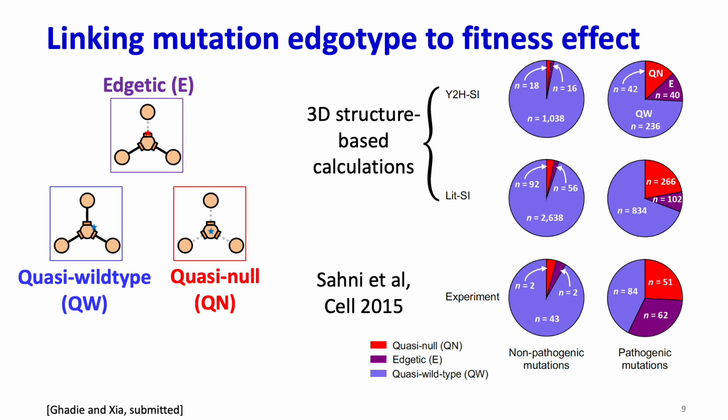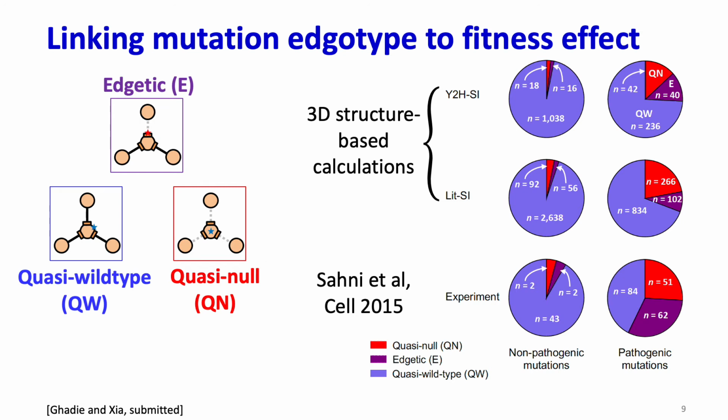In the IntAct literature-based structural interactome, we find that 2% of non-disease mutations are edgetic, whereas 8.5% of disease mutations are edgetic. On the other hand, 3.3% of non-disease mutations are quasi-null, whereas 22.1% of disease mutations are quasi-null.